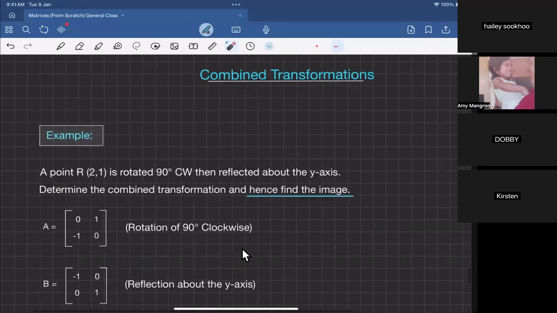If I wanted to find one matrix that combines those two transformations, what would I do with these two matrices? Make a guess. What would I have to do with these two to make it into one matrix that does both of those transformations one time?